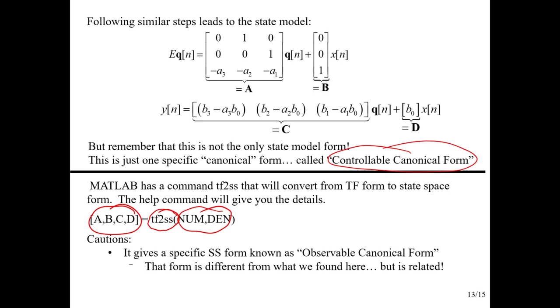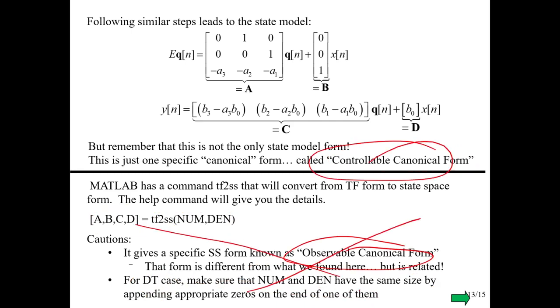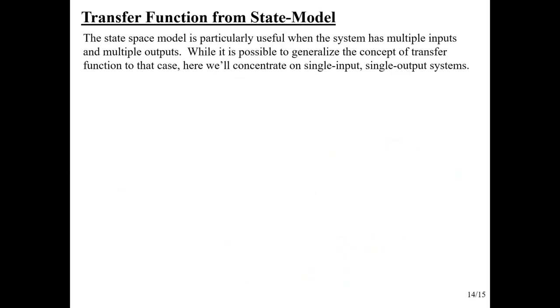Now there may be another command, or a way to call this, to give the controllable canonical form. I don't really know. I don't use this command on a regular basis. Also, just a warning, this comes right from the MATLAB help function on TF2SS. When you're calling it for the discrete time case, you have to be a little fussy about appending some zeros on the end of one of them to make them the same size. So keep that in mind. But again, it gives you the wrong form, so I wouldn't encourage you to use it in this course.